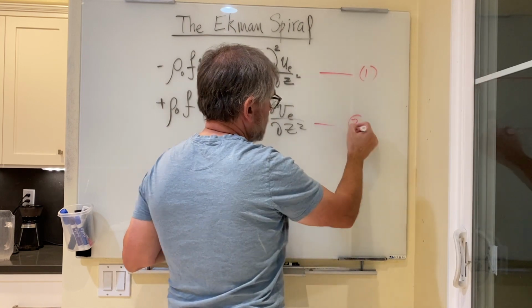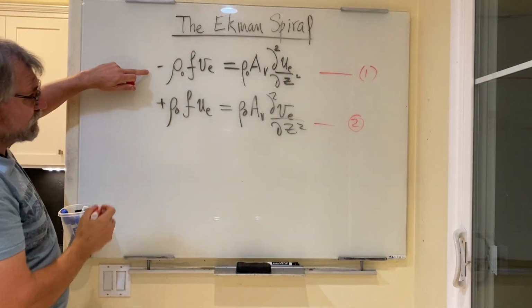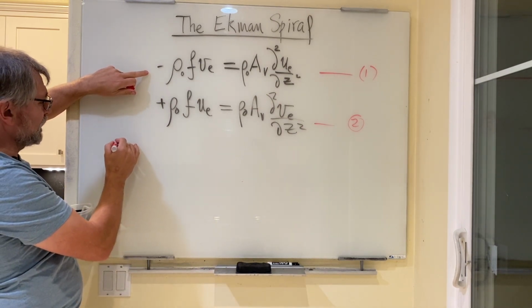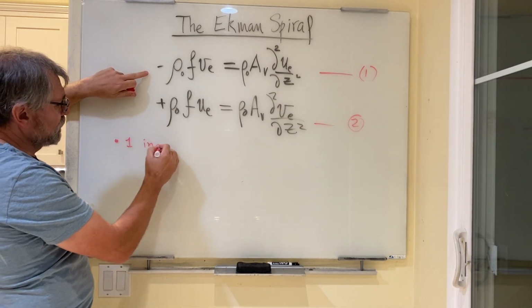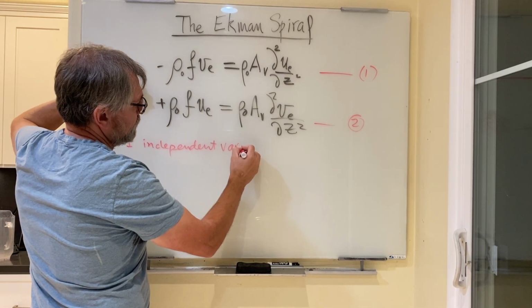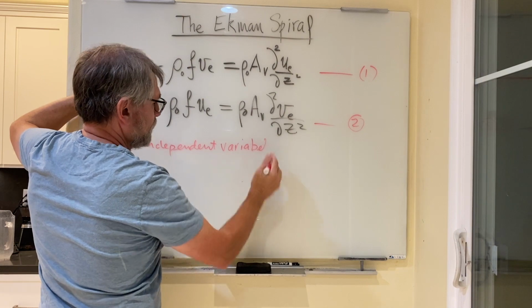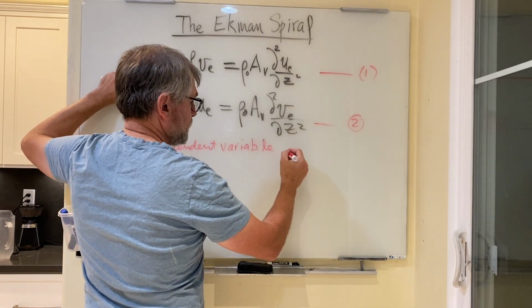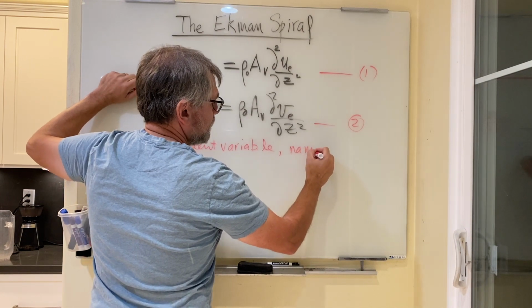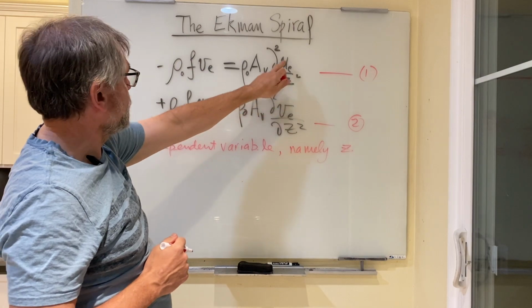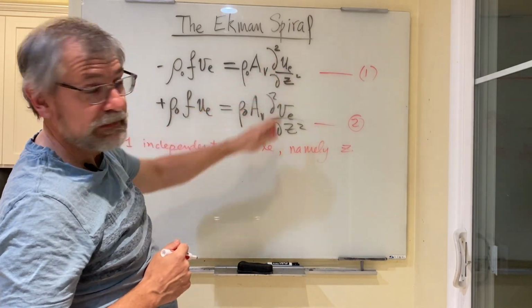So these equations, if you look at them, there's only one independent variable, and that is namely z. So z is the independent variable, and then u_e and v_e are the dependent variables.